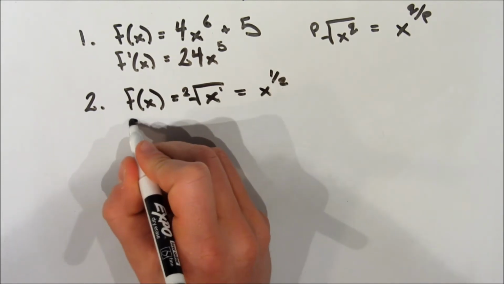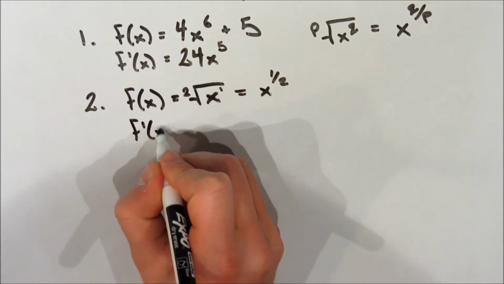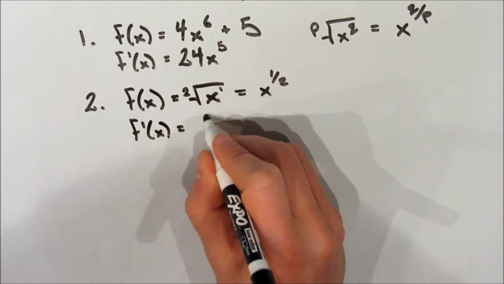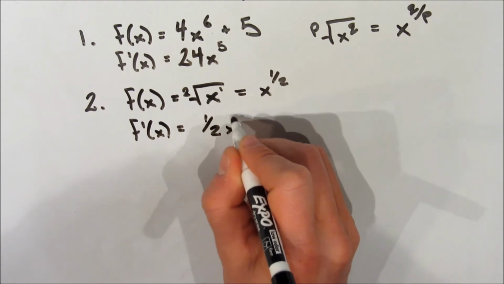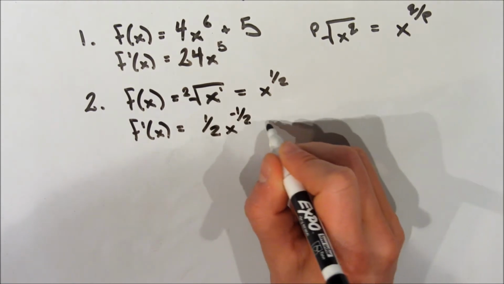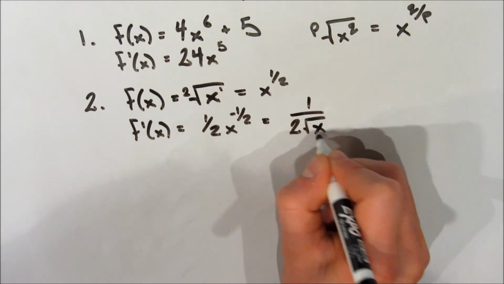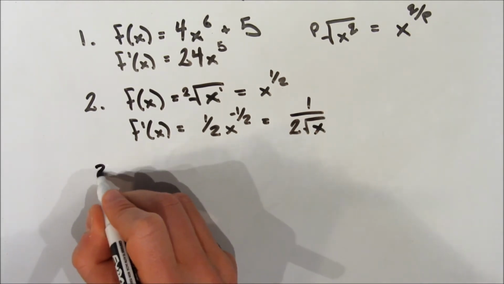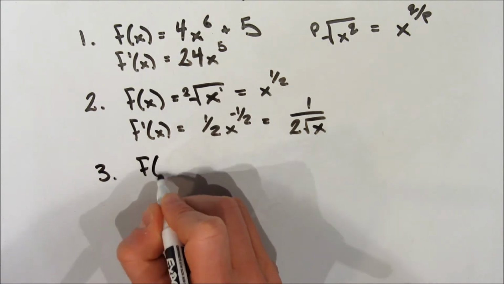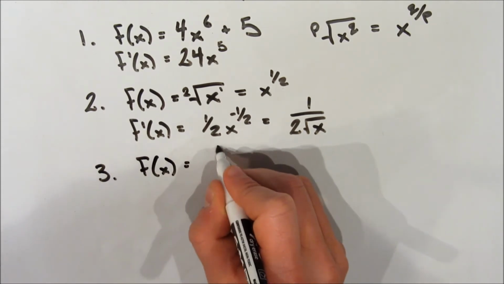So we can say the function is equal to x to the exponent 1/2. So the derivative of this function, we can just treat it as the other functions we've done before. We bring the 1/2 down and we minus 1 from the exponent. So we get 1/2 x to the exponent negative 1/2, which we can simplify down to 1 over 2 times the square root of x.